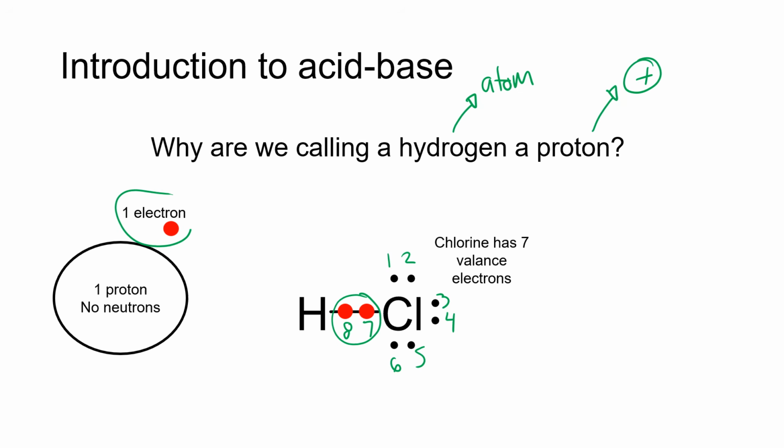If the one electron that hydrogen brought to the bonding party is going with the chlorine, what subatomic particles are left? All that's left is a proton. That H atom is normally a proton and an electron, but if its electron is going with the chlorine when the bond breaks, all that's left is a proton.